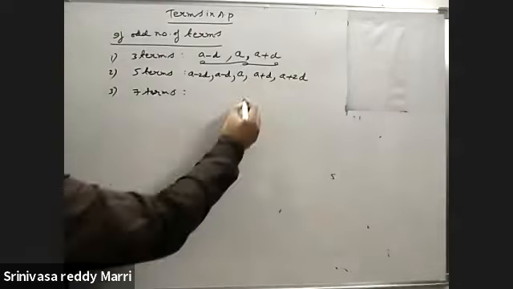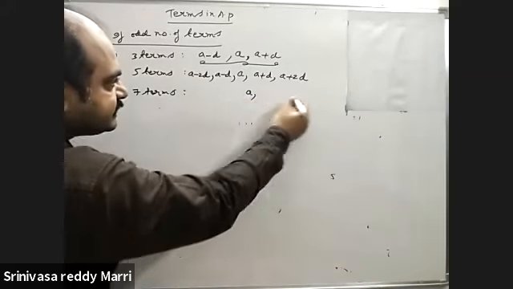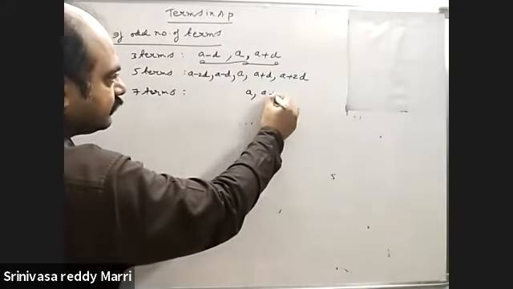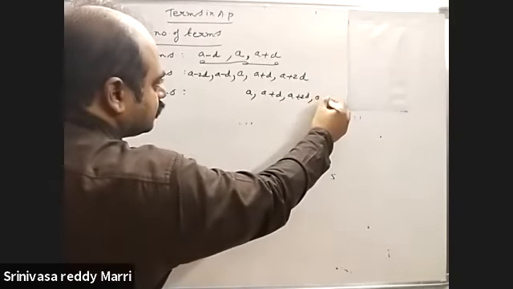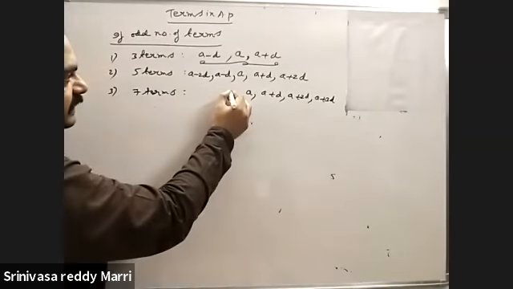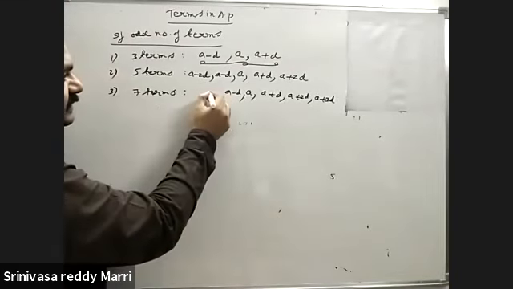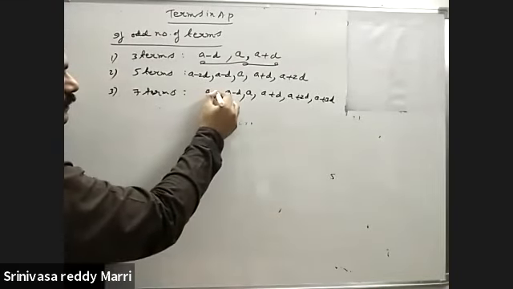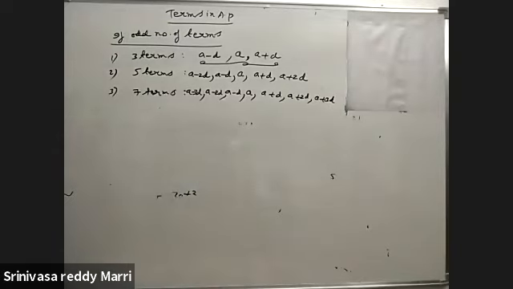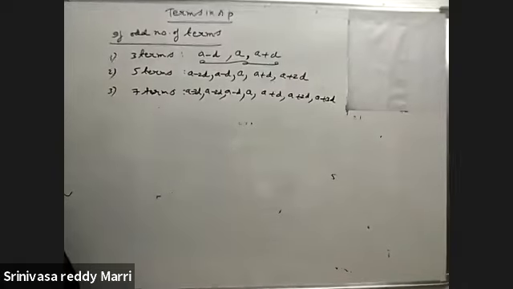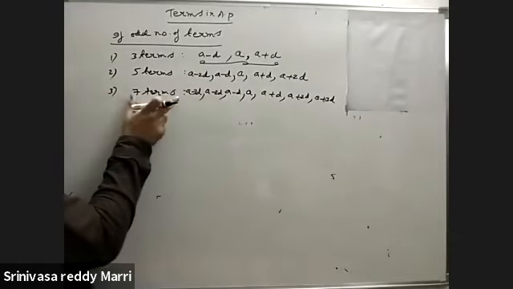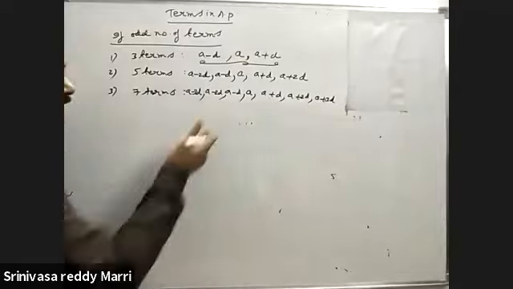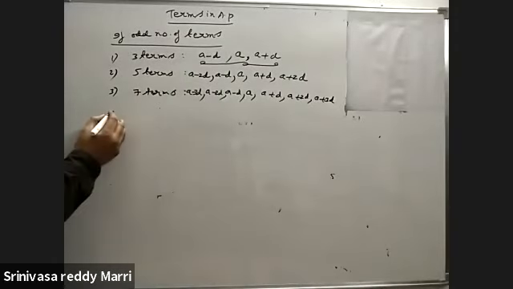So 7 terms means fix one middle term, this side 3, this side 3, with the same but minus on the other side. Like that, for an odd number of terms you can take anything: fix the middle term, and excluding it, 6 terms remain, 3 on that side and 3 on this side.